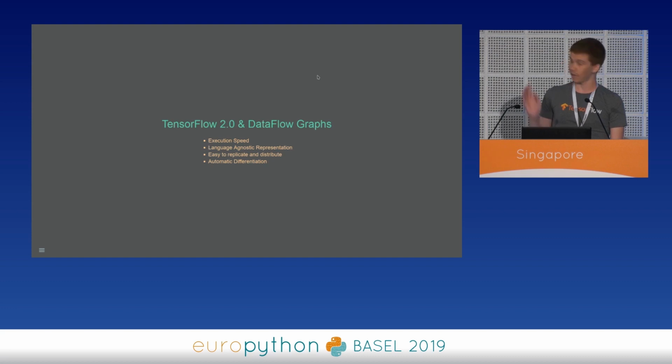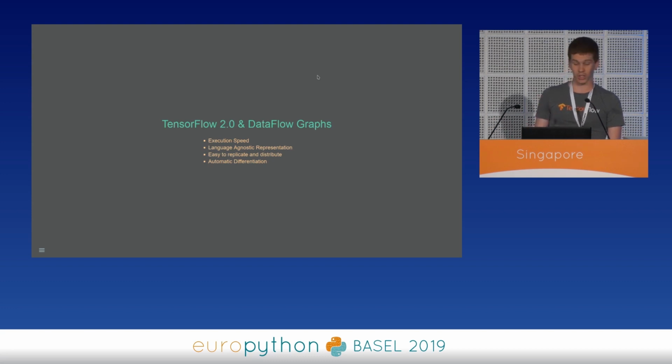For instance, graphs have a faster execution speed, and are easy to replicate and to distribute. Graphs, moreover, are a language agnostic representation. In fact, a graph is not a Python program, but a description of a computation. Being agnostic to the language, they can be created using Python and then exported and used in any other programming language.